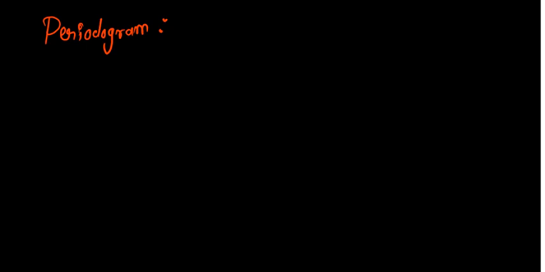Let's say we are given any process x of n, and we have to find its autocorrelation sequence. Let's say we have a time lag of m between two versions.